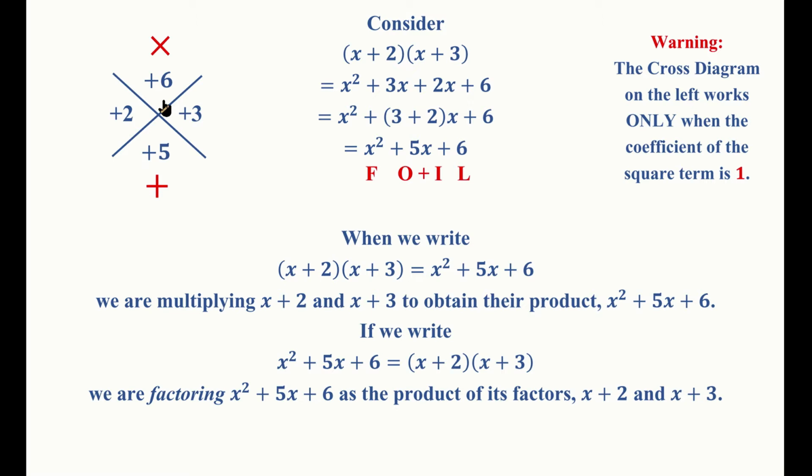So we want two numbers whose product is positive 6, but whose sum is positive 5, which is the coefficient of the middle term. The x term we also refer to as the middle term. And of course, the two numbers that will get the magic done are positive 2 and positive 3. So we go ahead and factor the expression as x plus 2 times x plus 3.